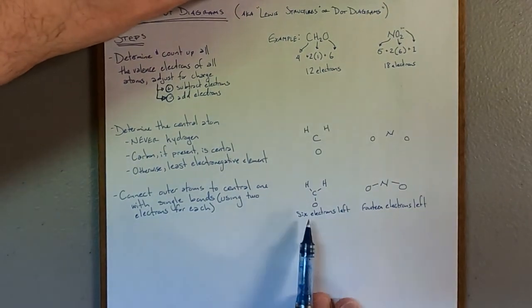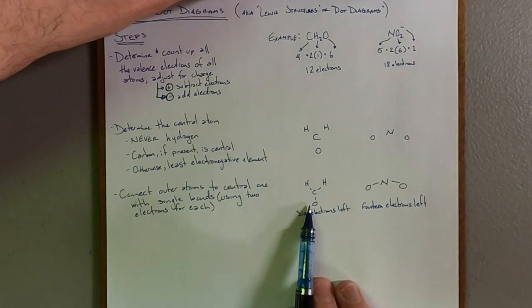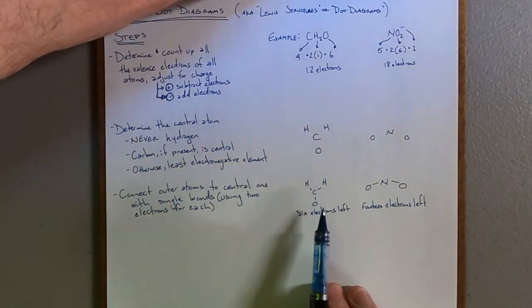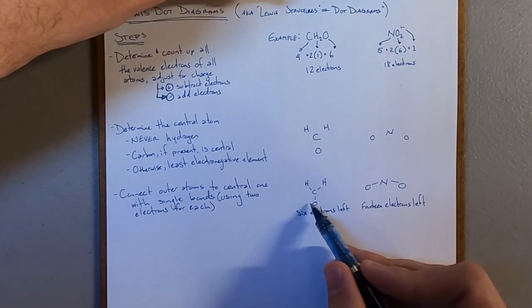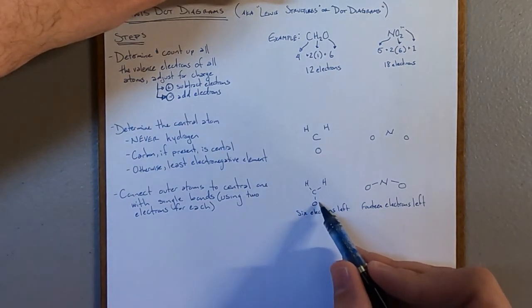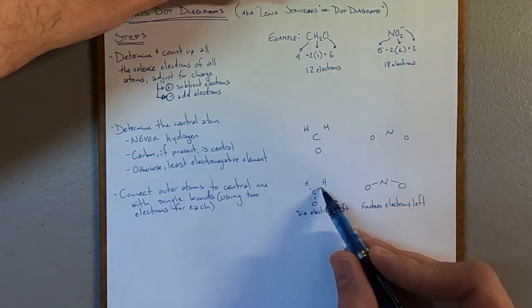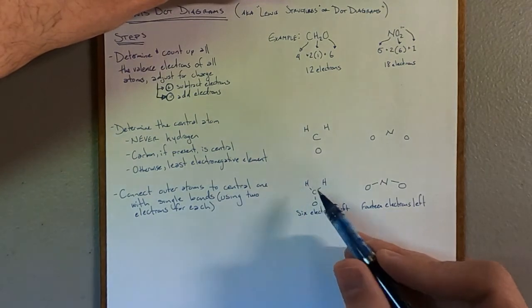So our next step is to take those remaining electrons and to place them on the peripheral atoms first to see if we can make them stable. The oxygen here has 2 electrons connected to it right now because of the bond, and so we will need to put 6 electrons onto it. The hydrogens, as stated, these bonds represent 2 electrons, and so they have 2 electrons connected to them and are stable.